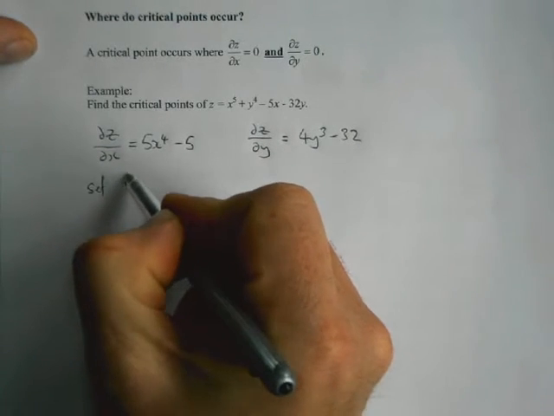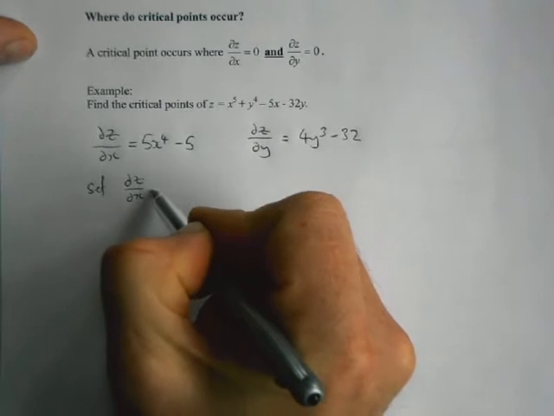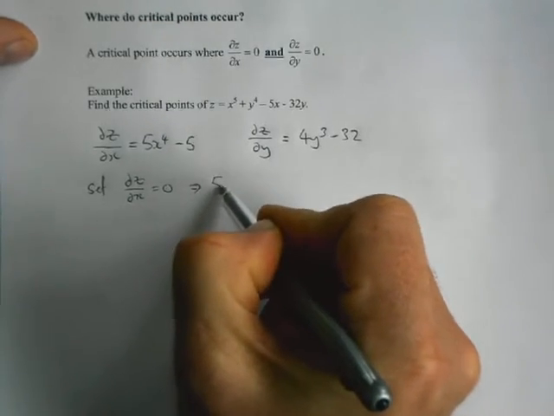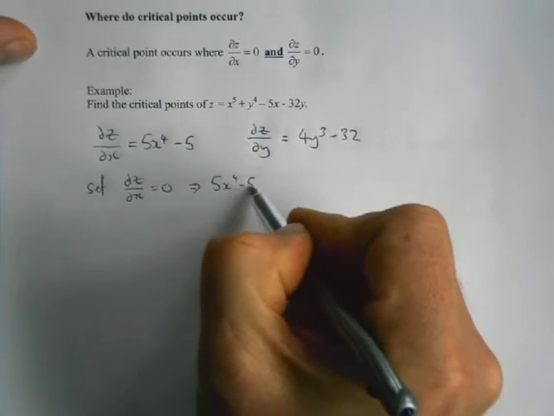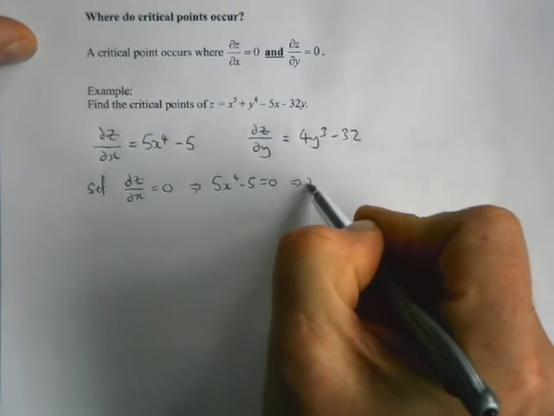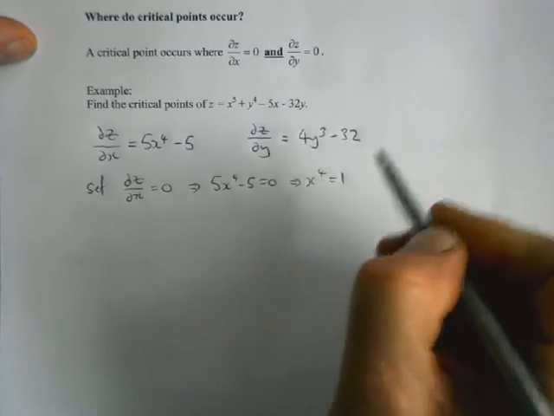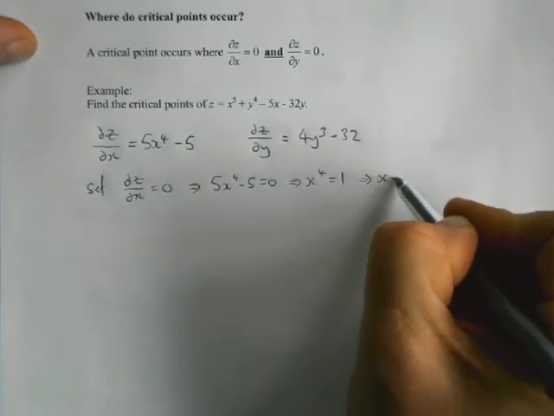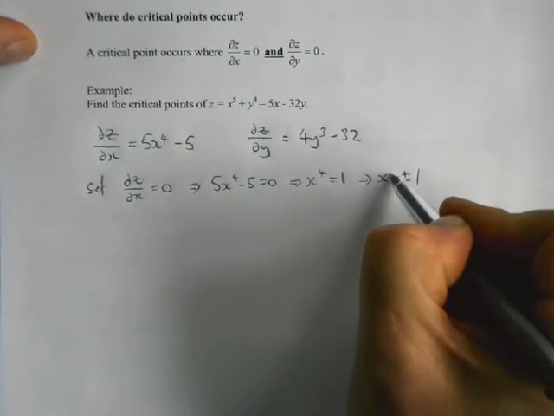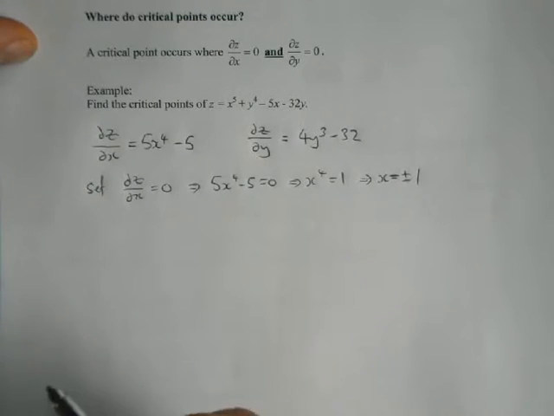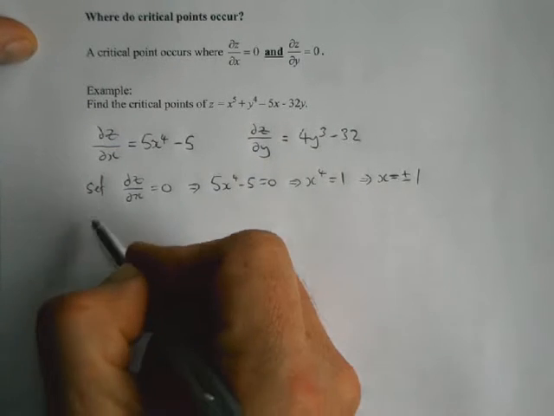So if we set partial z, partial x equal to 0, that implies that 5x to the power of 4 minus 5 equals 0, which implies that x to the power of 4 must equal 1, so x equals plus or minus 1, or imaginary numbers if you want to go that far, but we'll just deal with the real numbers at this stage.